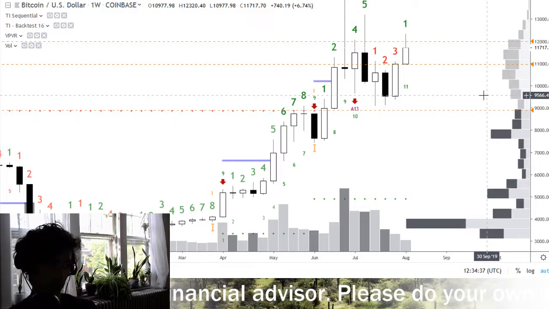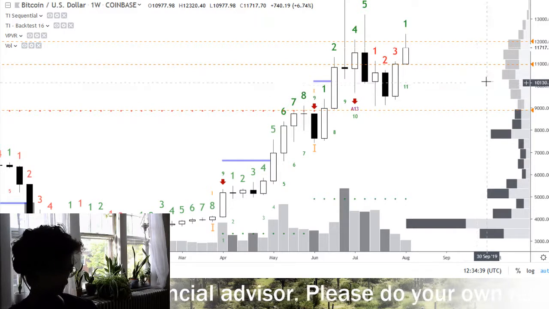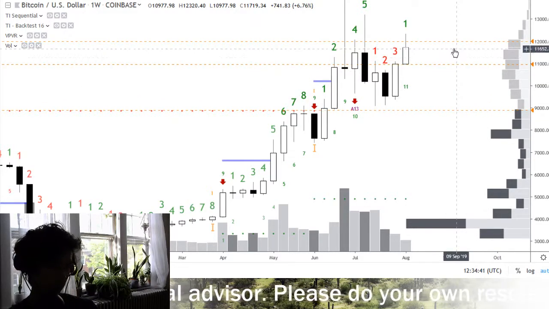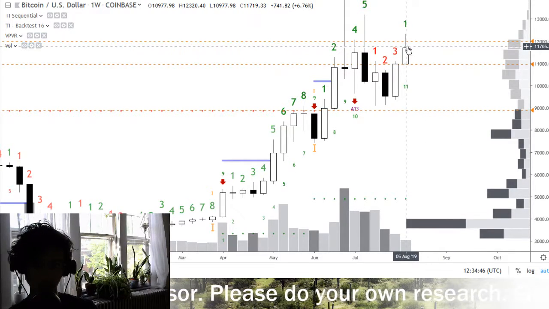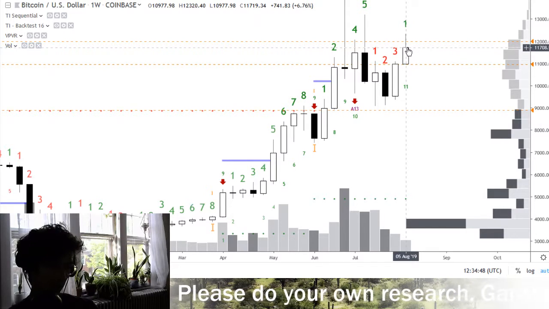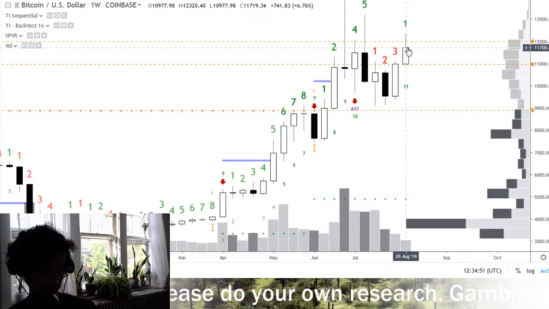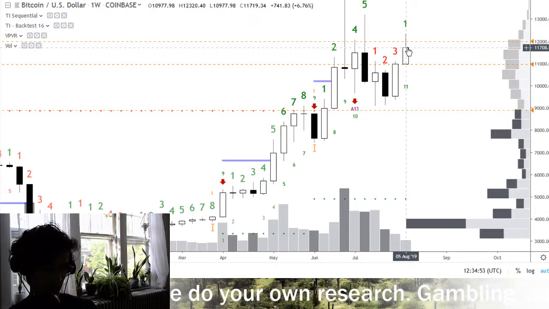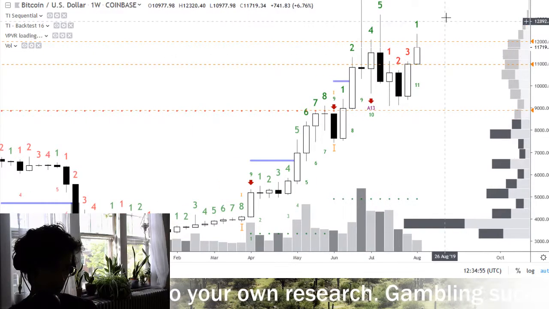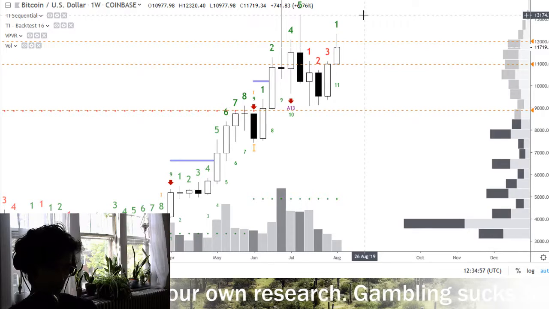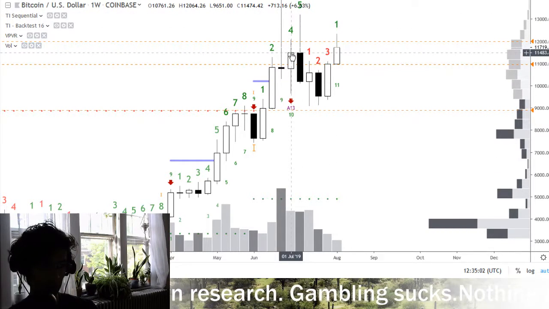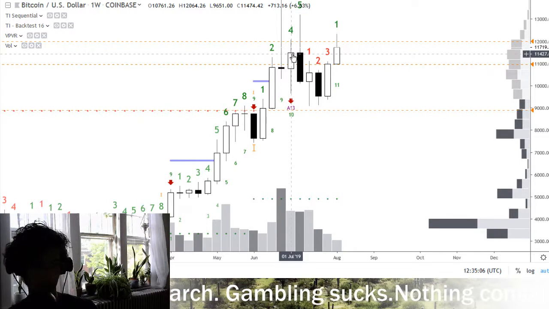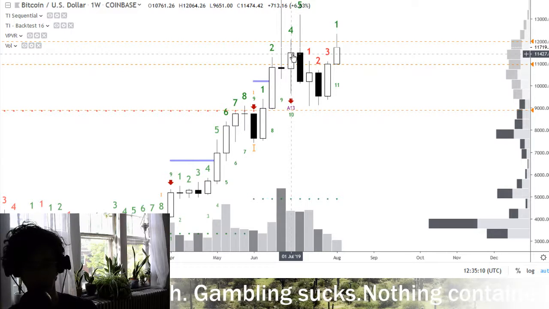A bullish close for this week though. We haven't seen a close this high yet. If the week closed here, I'd be kind of upset. I wouldn't be the most ecstatic about that. But we haven't had a close above 11,475.